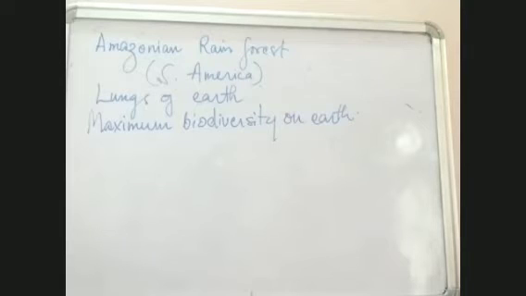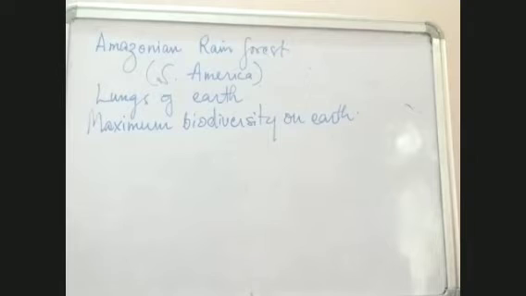in this area: 40,000 species of plants, 3,000 species of fishes, 1,300 species of birds, 427 species of mammals, 427 of amphibians, 378 of reptiles, and more than 1,25,000 invertebrates.